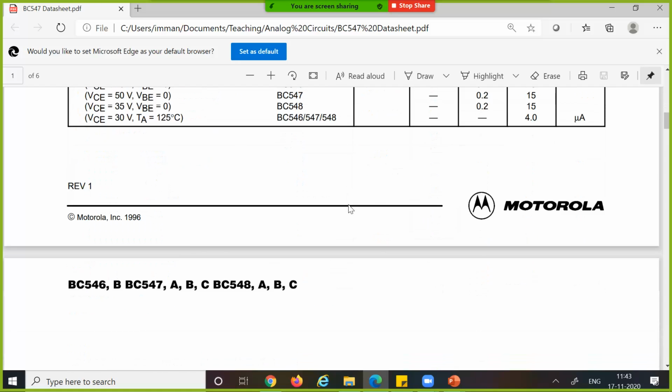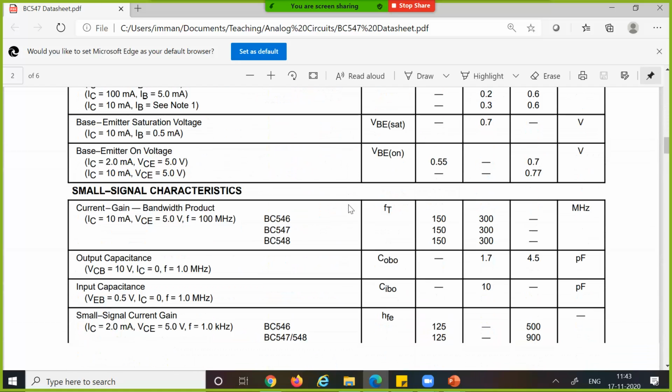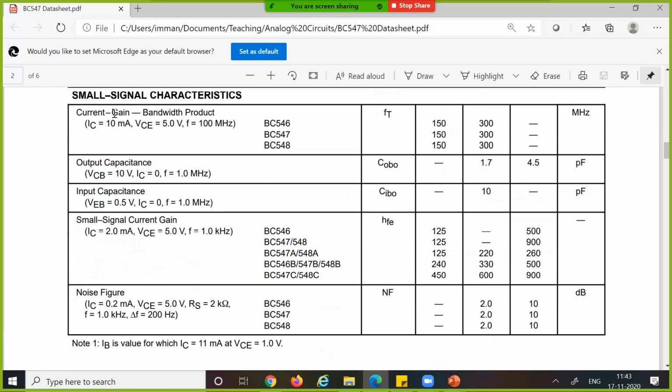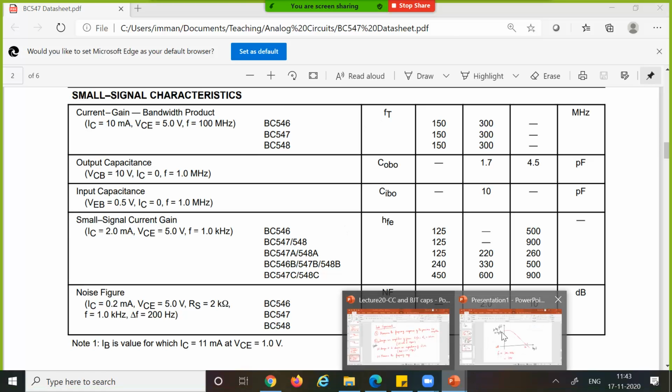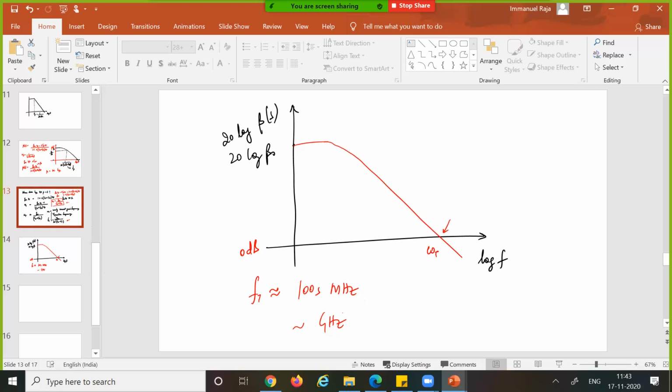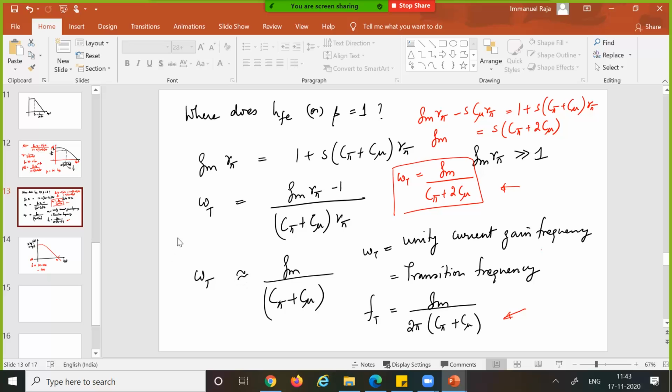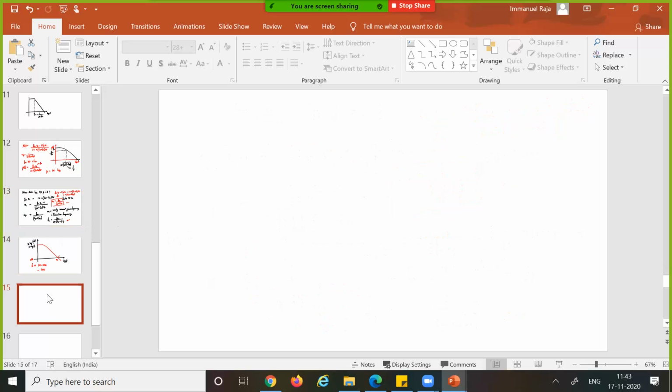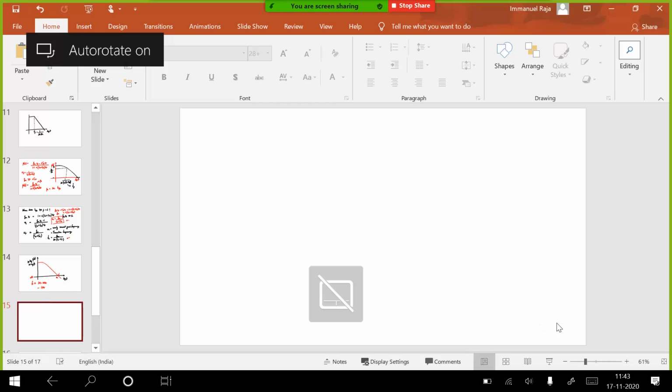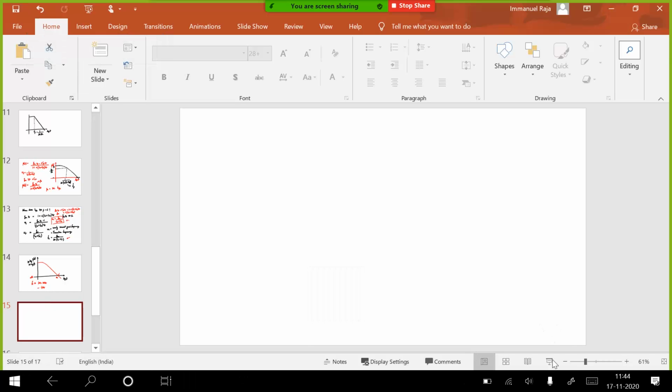If you look at the small signal characteristics, you have what is called the current gain bandwidth product, which is called FT. So let me just cover that as well. This is FT, current gain is Gm R pi. So let's do that. That's another property of first order systems.